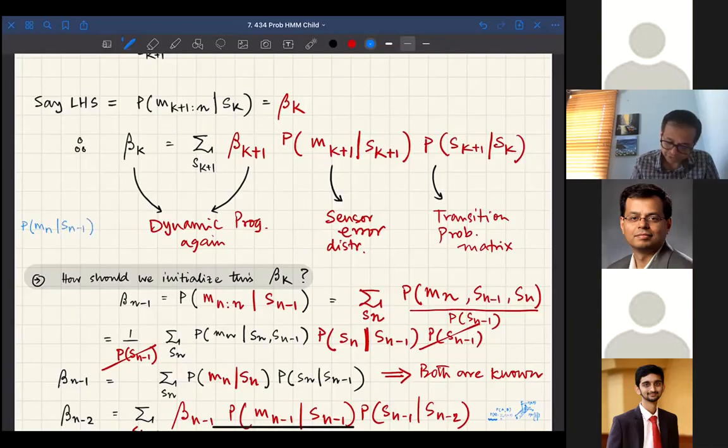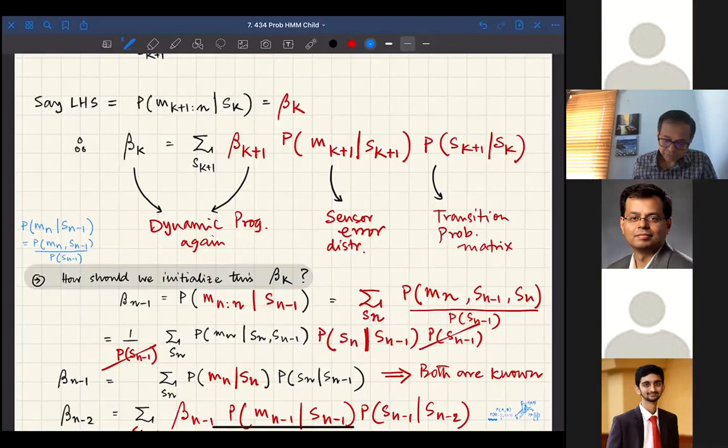This is what we are after. Agreed? This is nothing but P of Mn comma Sn minus 1 divided by P of Sn minus 1. You agree? Yes.